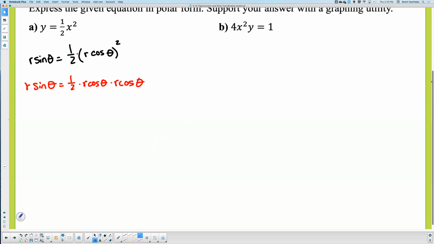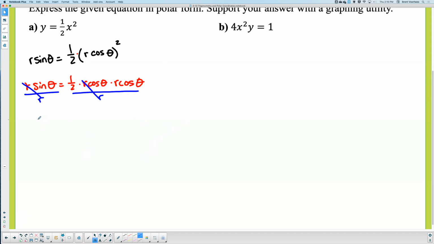Before I start to multiply all this out, do you see anything that you could simplify right now? The r's. I could divide out an r from both sides of the equation. Why can I do that? Because r can never be 0, so I'm allowed to do this. I can divide out one r there and one r there.